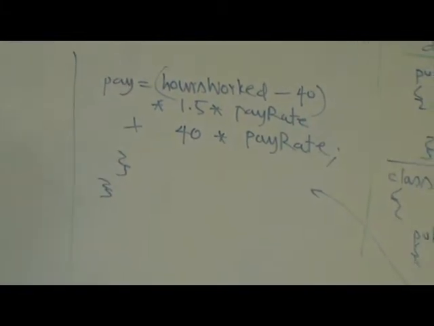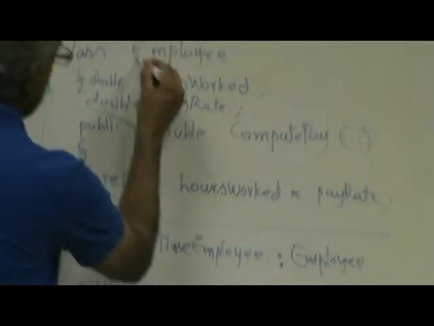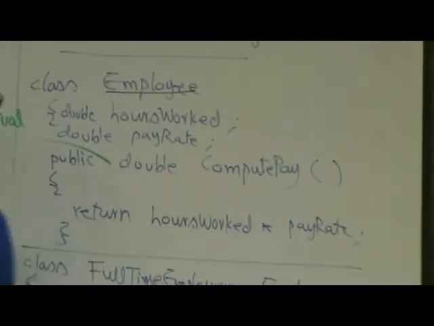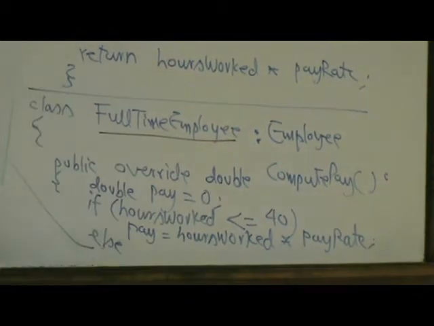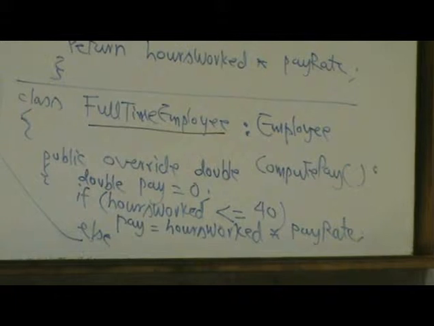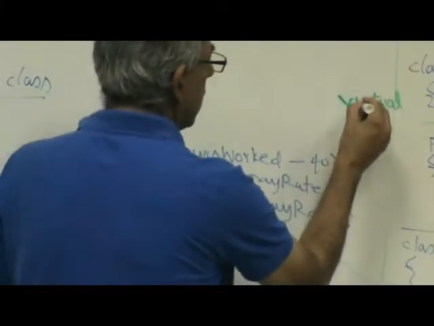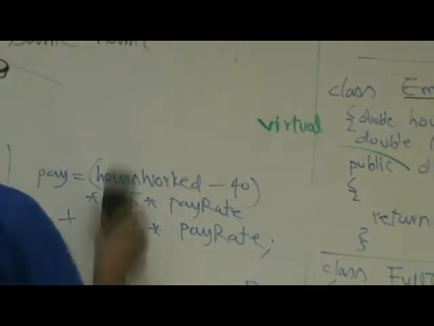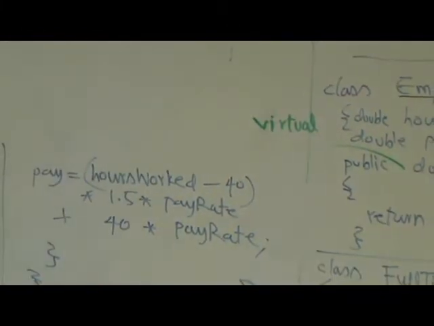Okay, so let's pretend we have two classes once again. Employee, where this is the payment method. Full-time employee, where if they work more than 40 hours, they get paid more, right? So now let's write some test code over here.